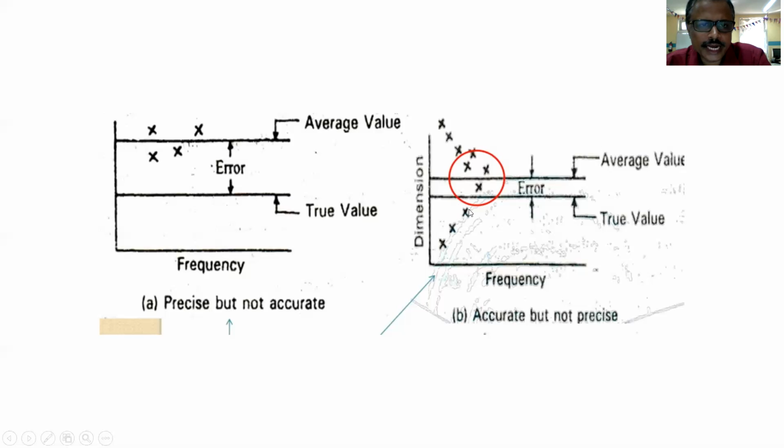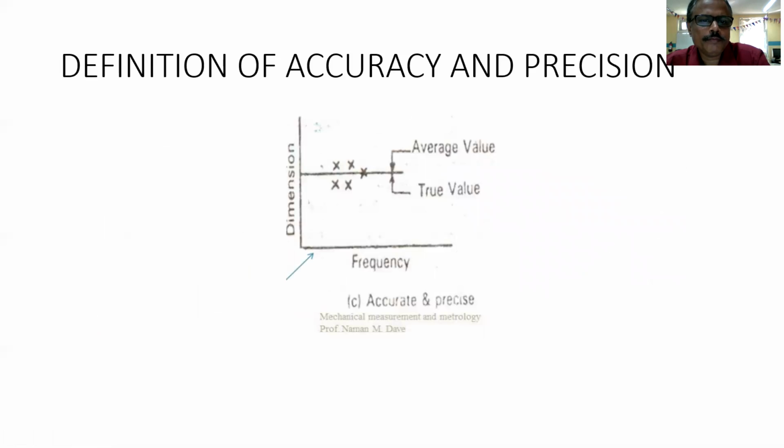Okay, so this diagram, or this graph, tells you the difference between accuracy and precision. Look at this diagram. This diagram is giving you one more explanation. This instrument is both accurate and precise.